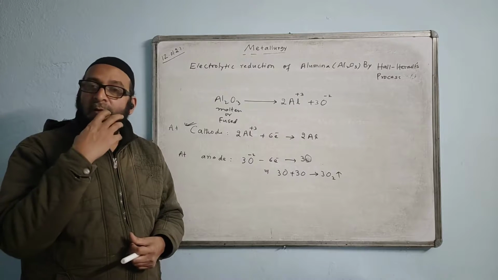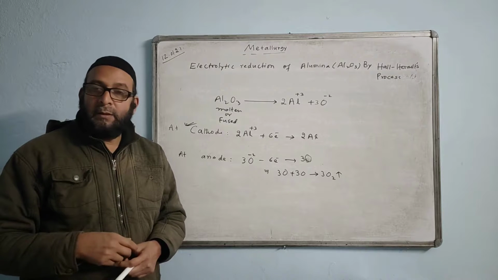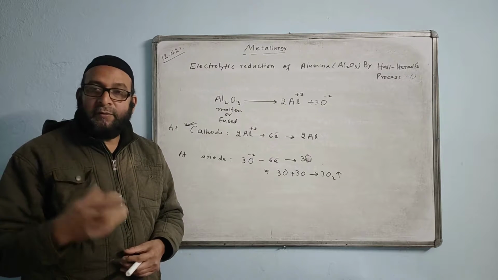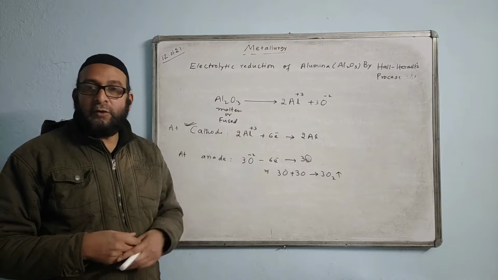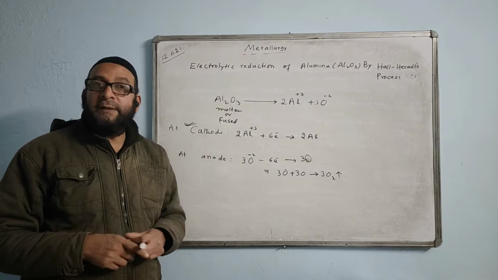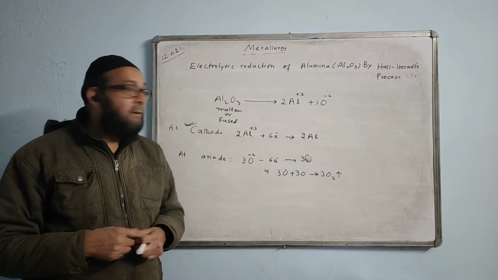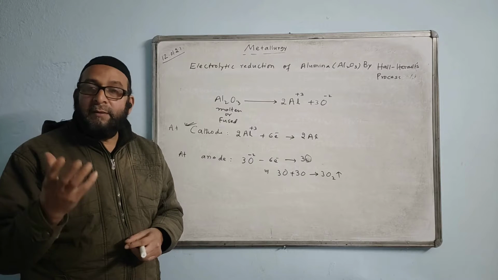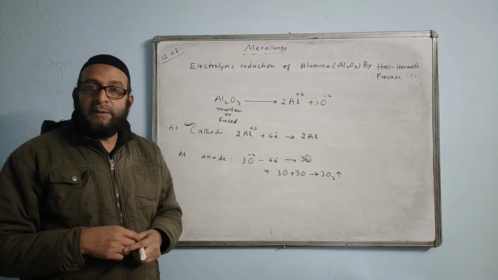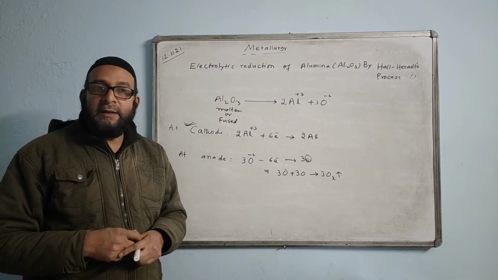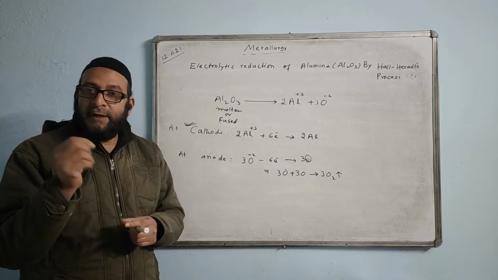It will be quite expensive. It will increase the cost of extraction or cost of manufacture. And another difficulty with that high temperature is that the conductivity of the solution will be very low. That means it will offer very high resistance. And due to high resistance, the value of current will become very small.